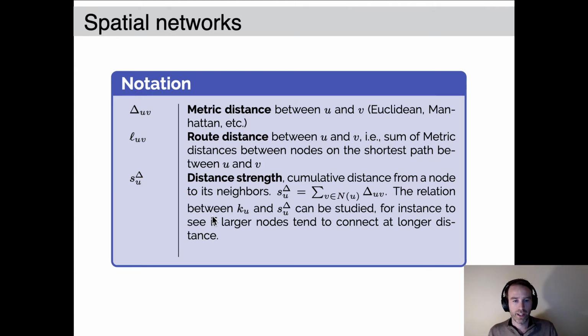And finally, the distance strength, which is the equivalent of the strength in a normal graph. So the weighted degree is the cumulative distance from a node to its neighbors.